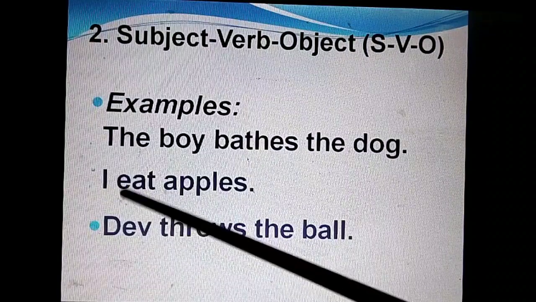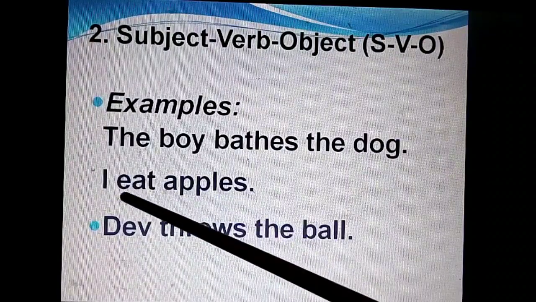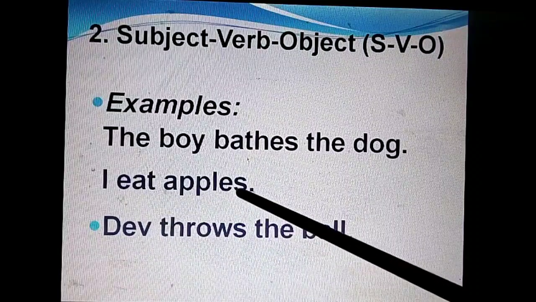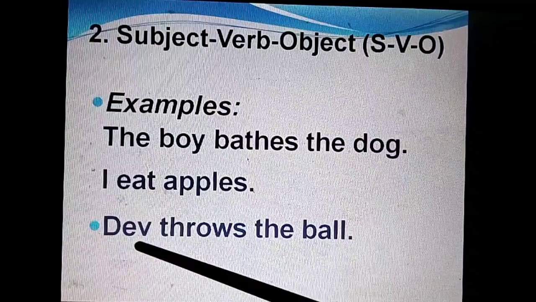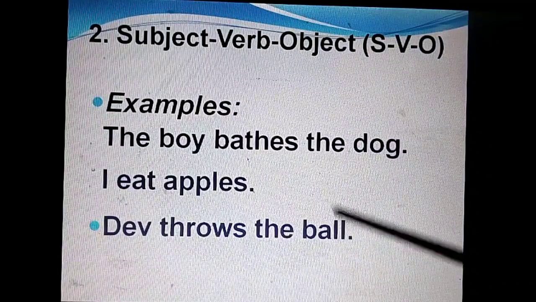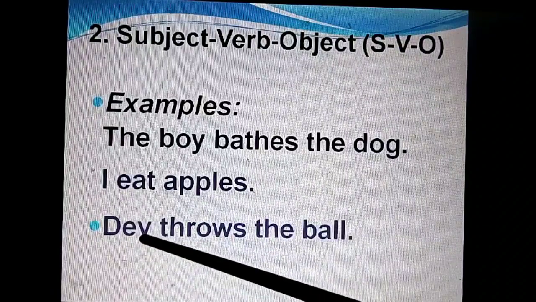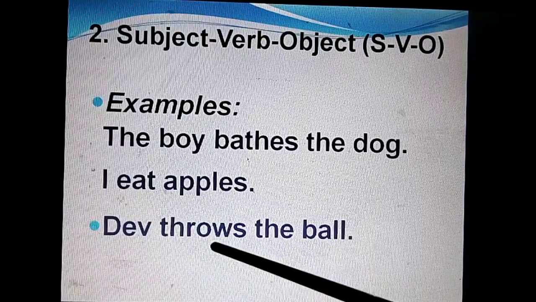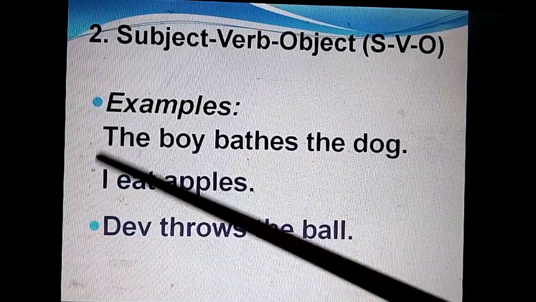So I subject, eat verb or finite verb, and apples object. In the third one, Dave throws the ball. Dave is the subject, throws is the verb, the ball is the object.